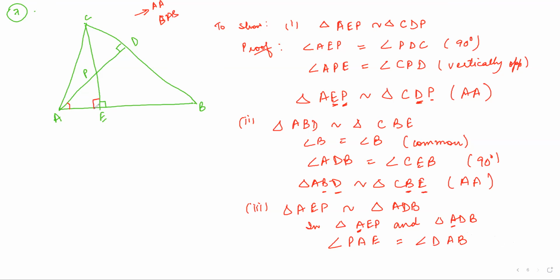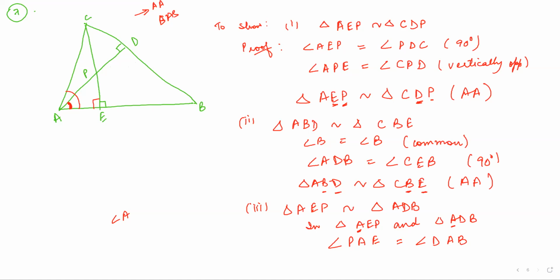This angle is also 90, and the angle is common. I cannot write angle A here because A is the complete angle, so the complete angle is not equal. That is why.